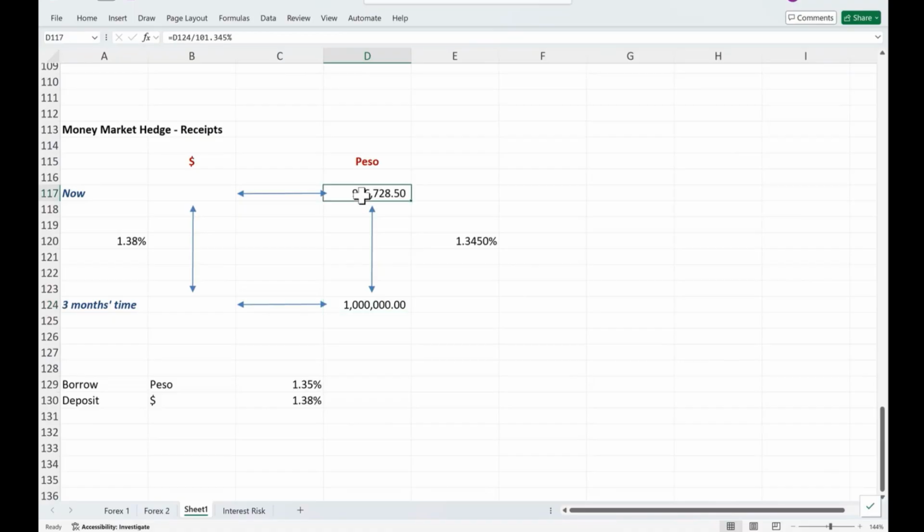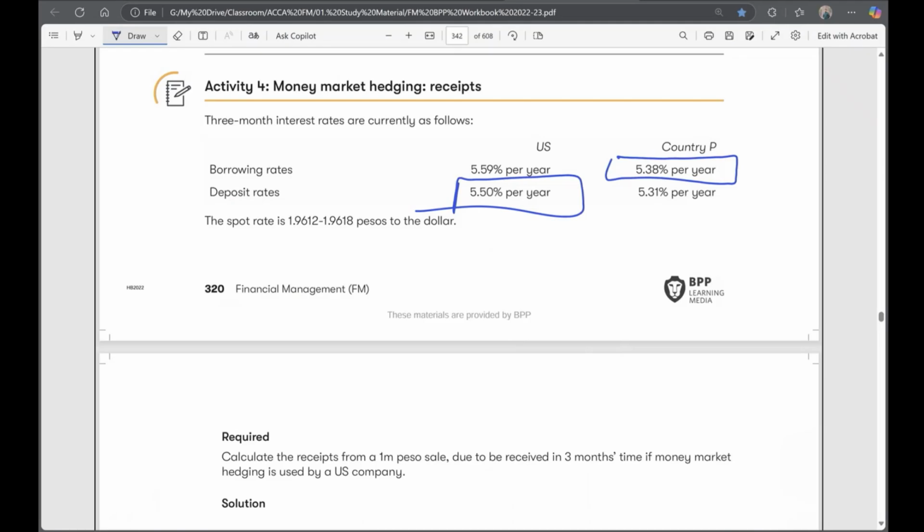The question is what we should do with the peso we borrow. We will convert it immediately into our home currency using the current exchange rate. So what is my exchange rate today? This is my exchange rate today. Now it's a case of receipt.